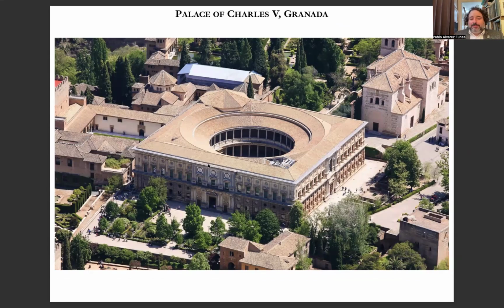We can see here a glimpse of the other facade, which also has some reminiscences to the design of the facade of Michelangelo in San Lorenzo. So meaning that Machuca was a very well versed person, although we don't know about him in Italy, in the sense that there is no reference of Italian sources on him. So he was probably a junior person who was in touch with all the masters and geniuses of the time.